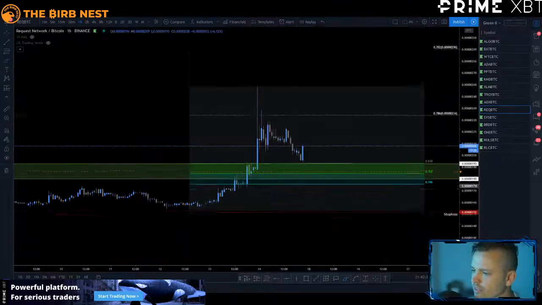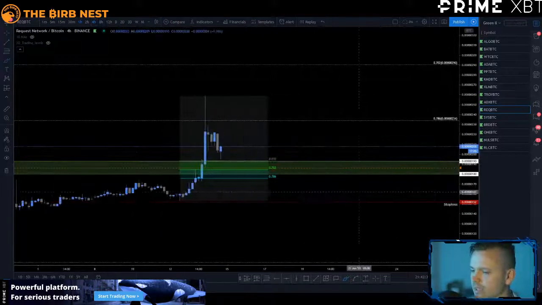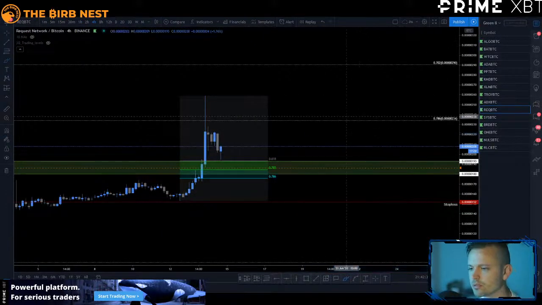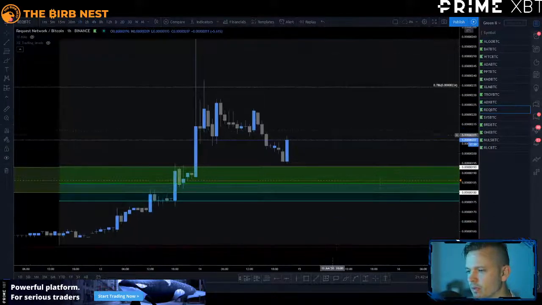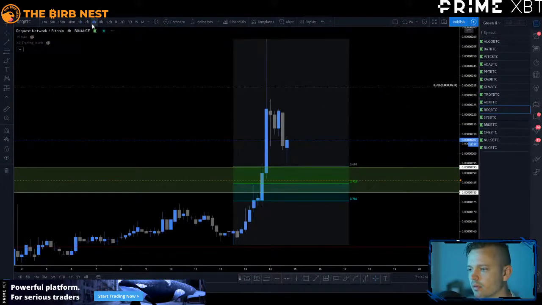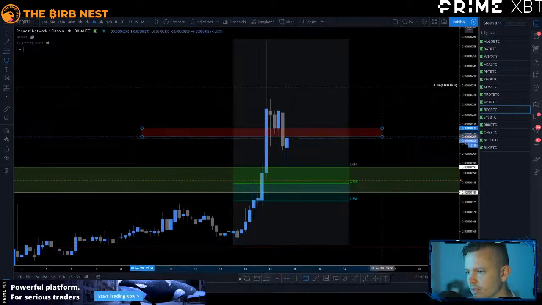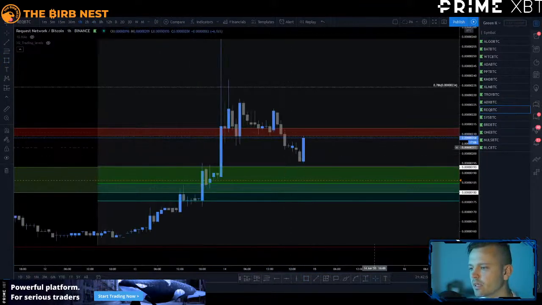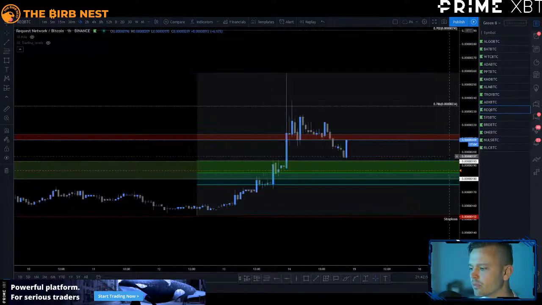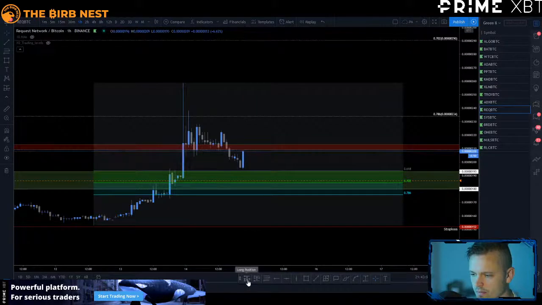So this RLC most likely got front ran here, but I'm going to keep this idea open. Looking at the 4 hour here, we have a pretty obvious level here that needs to get reclaimed for this to be bullish.